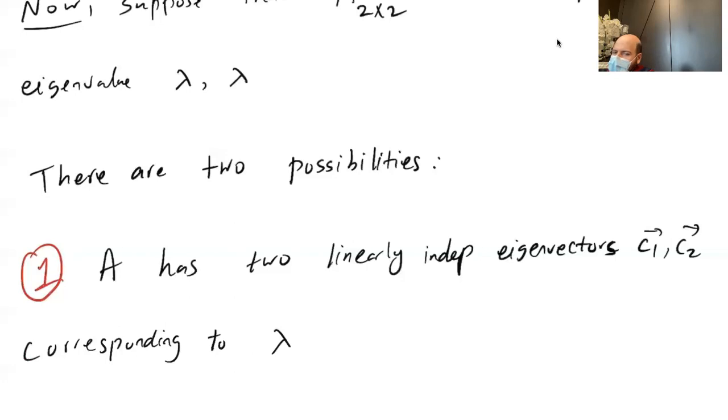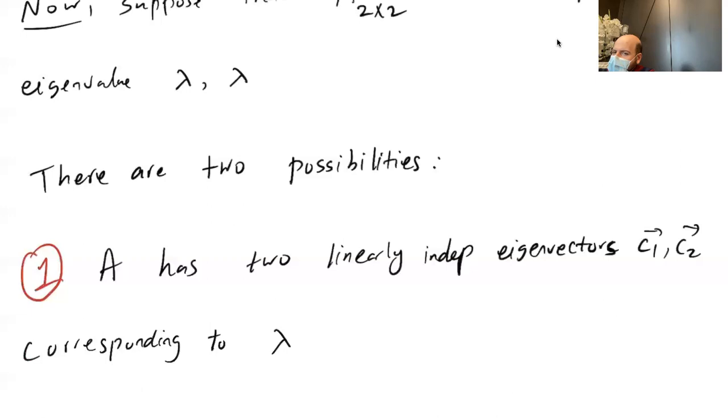Here we have an eigenvalue which is repeated twice, which means multiplicity 2. So A can have at most two linearly independent eigenvectors corresponding to that eigenvalue, and of course at least one. So that's why I'm saying there are two possibilities. If a number is at least one and at most two, it's either one or two.